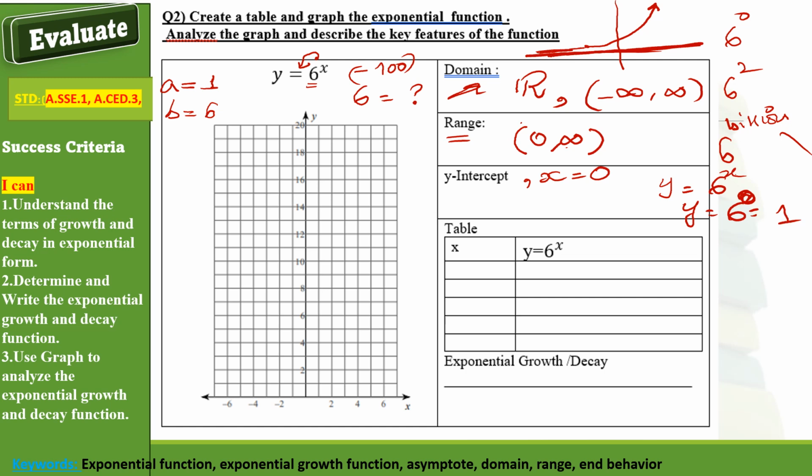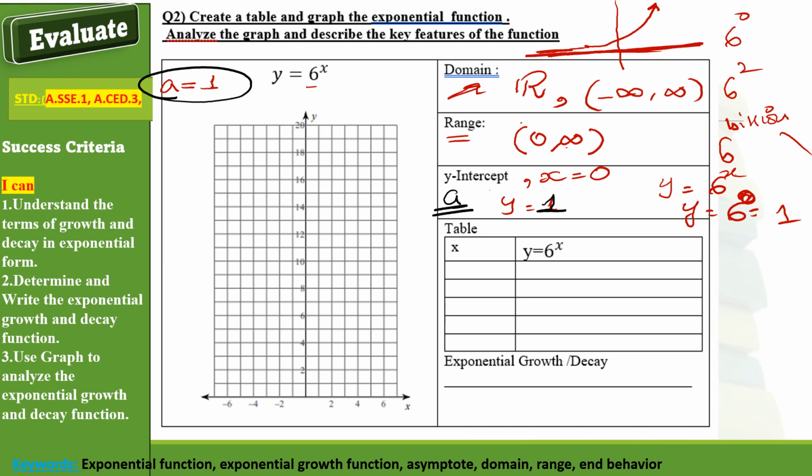So the y-intercept is y equals 1. But also remember that whatever the function is, the y-intercept is the value of a. We just found before that the value of a in this function is 1. That's why the y-intercept is 1. So the y-intercept is actually the value of a.